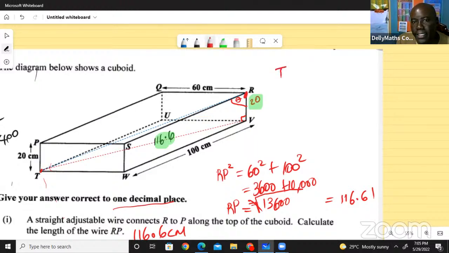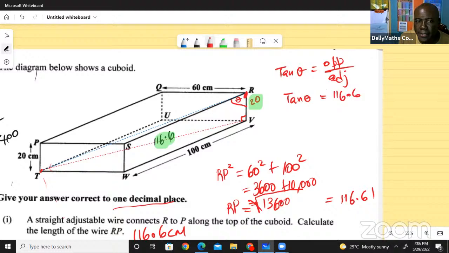The tangent of any angle in a right angle triangle is the opposite side divided by the adjacent side. So tangent of the angle we intend to find is the opposite side, 116.6, over 20.